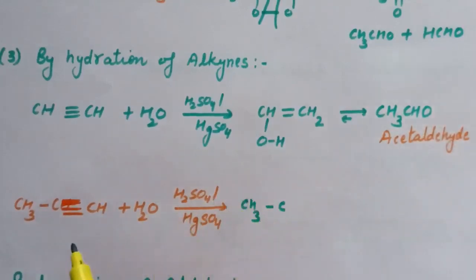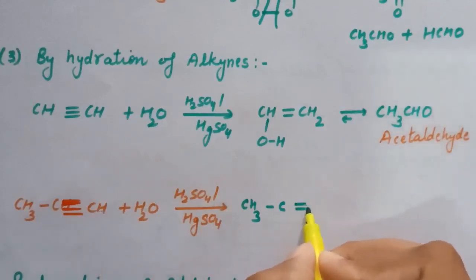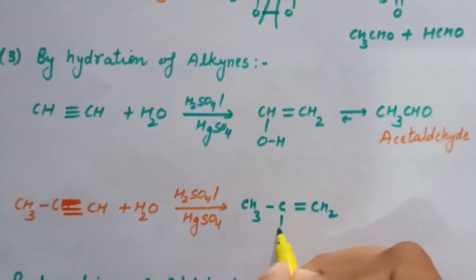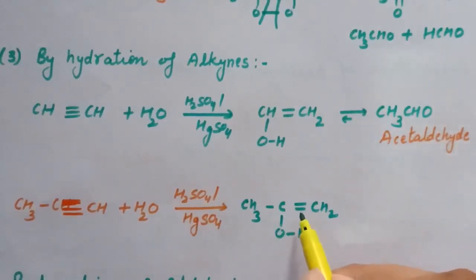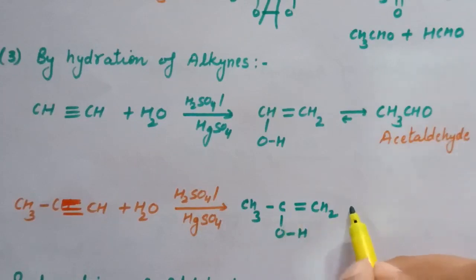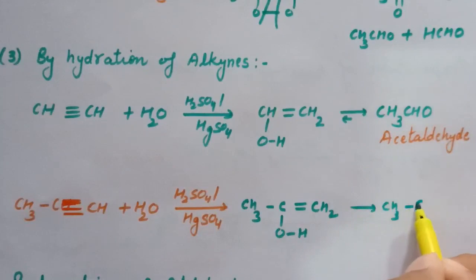The negative part will add to that carbon atom which has the lower number of hydrogen atoms. So here we get an enol with CH2OH. Now again this will rearrange, this will shift here, and this hydrogen will go to this carbon atom, and we get CH3C=O CH3, that is acetone.